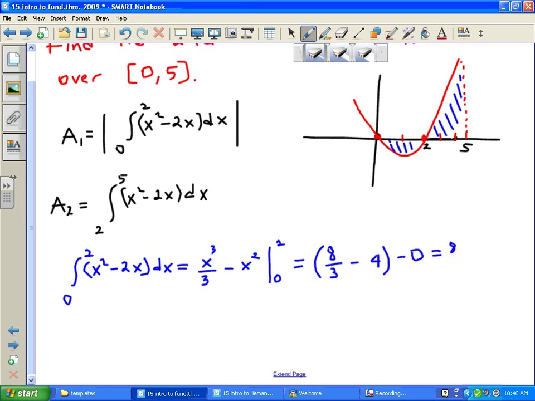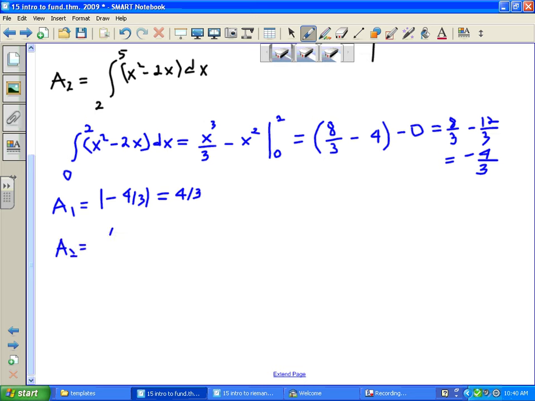And that's the same as 8/3 minus 12/3. So I'm getting negative 4/3, which is to be expected, right? First, the integral was negative, but the area of that first region is going to be the absolute value of that answer, which is positive 4/3, right? Then let's find the second area.